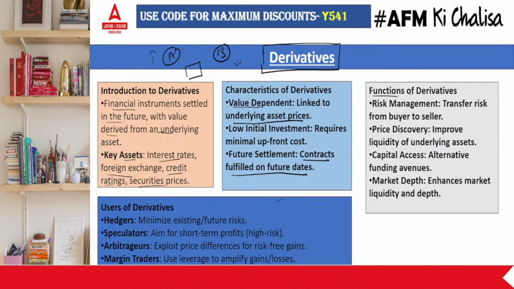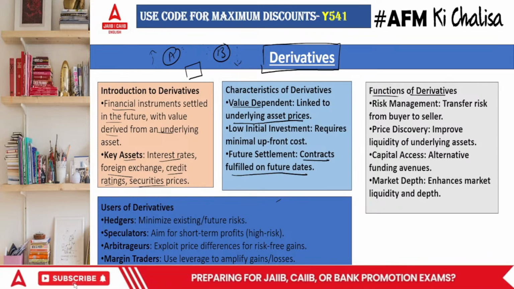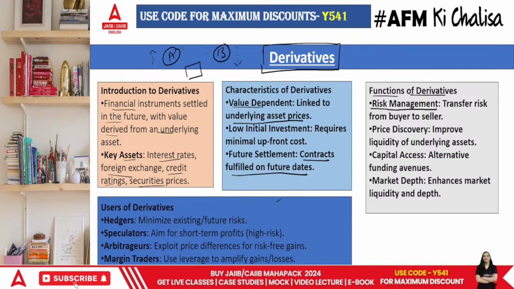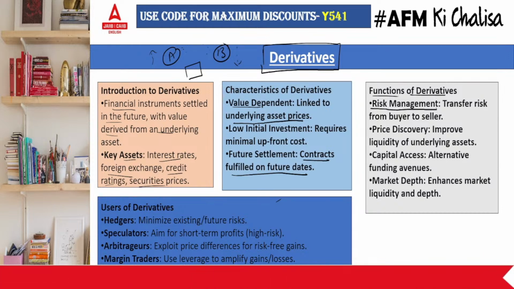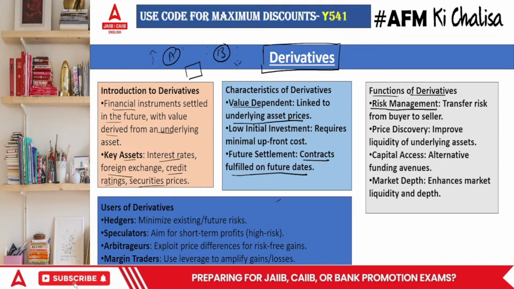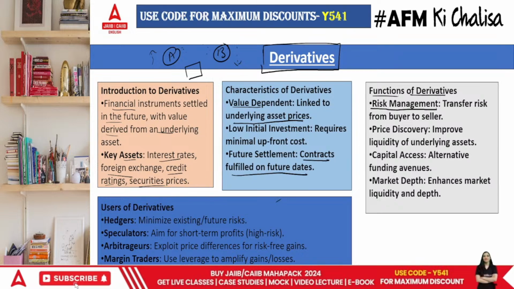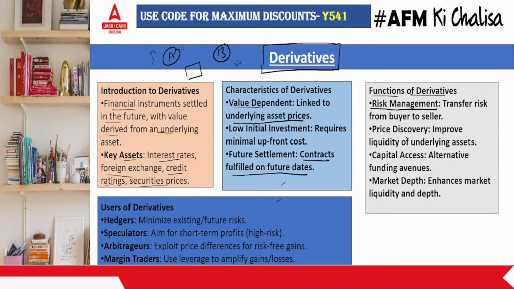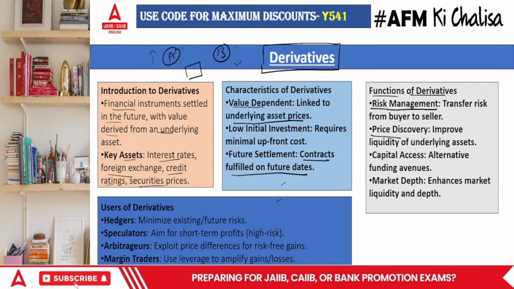Functions of derivatives. What are the various functions of derivatives? First, this helps in managing the risk. When you anticipate the prices and the losses and profits, and you are looking forward to what is going to happen, whether the price is going to increase or decrease, you try to mitigate your loss. You cannot eliminate it, but you try to mitigate, at least reduce. On this basis you are also looking towards price discovery.